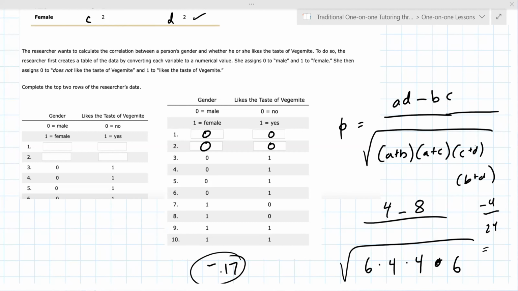Okay. I'm looking at a picture here. This one's not super helpful.